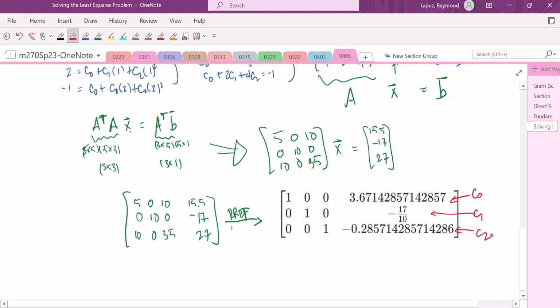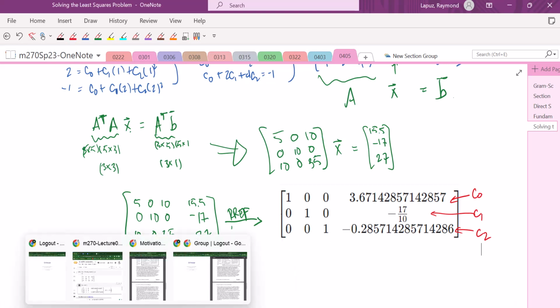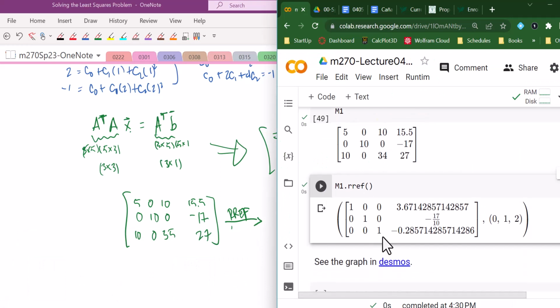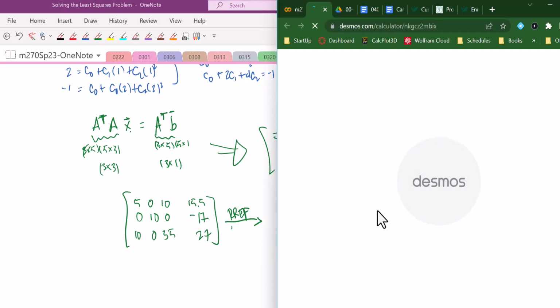Okay, so if you take your polynomial y equals 3.67-ish minus 17 tenths times x minus 0.0257 times x squared, you should see that fit your problem. And I think I have a quick graph of that in Desmos, so let's open that up.